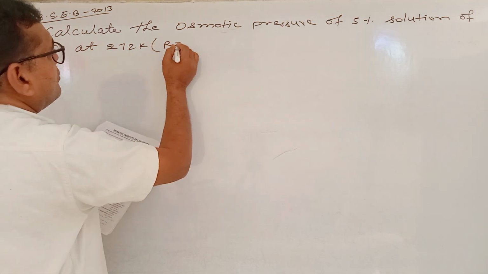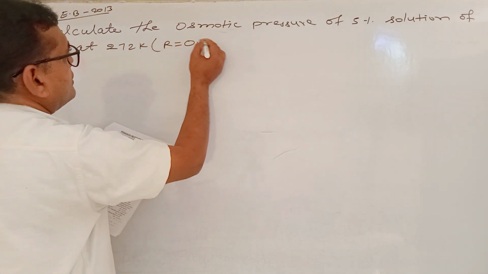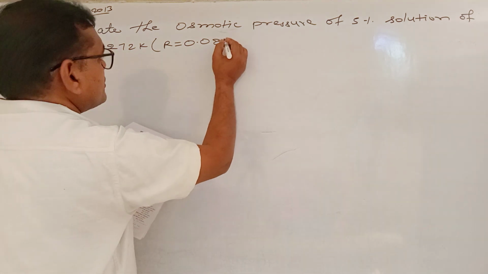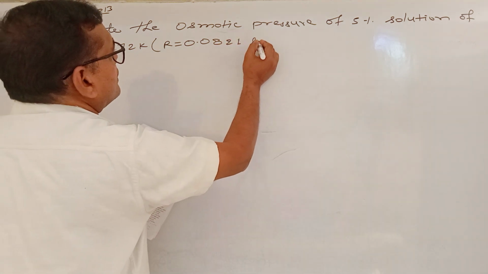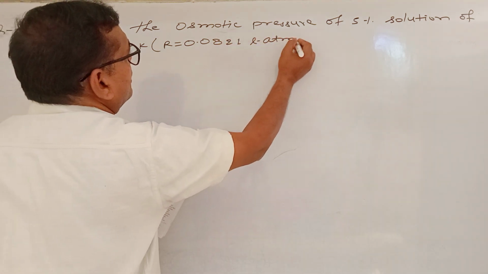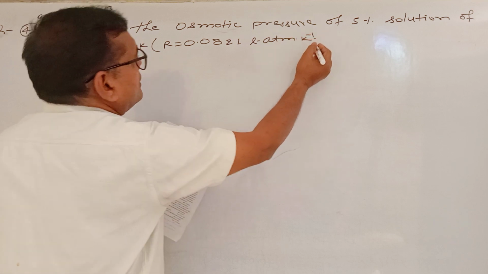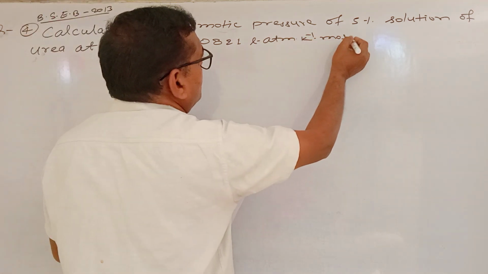The value of R is 0.0821 liter atm Kelvin inverse mole inverse.